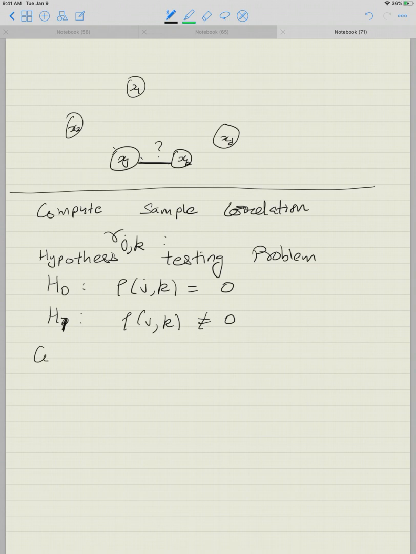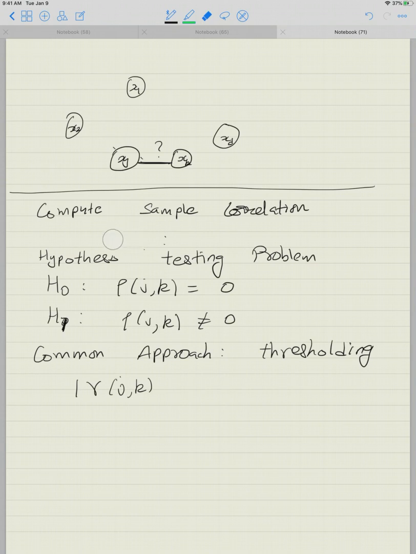And the most common approach for doing this is thresholding, meaning that if the magnitude of our sample correlation rho jk is greater than alpha, then we have sufficient evidence to reject H naught.